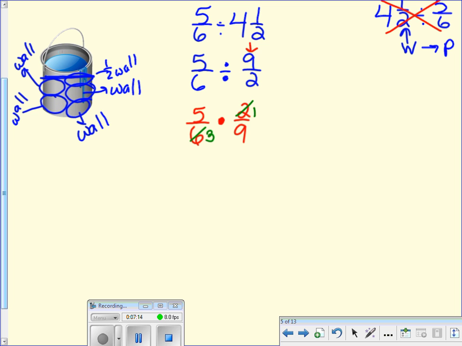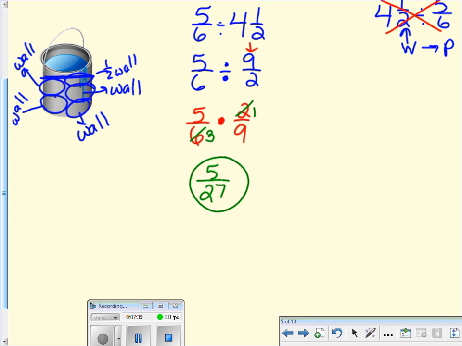So now to multiply fractions, I multiply my numerators. 5 times 1 is? 3 times 9 is? Can 5/27ths be reduced anymore? Nope, so that's my quotient. That's my final answer. If your final answer is an improper fraction, you're going to make it a mixed number. You're always going to simplify or reduce as much as you can.